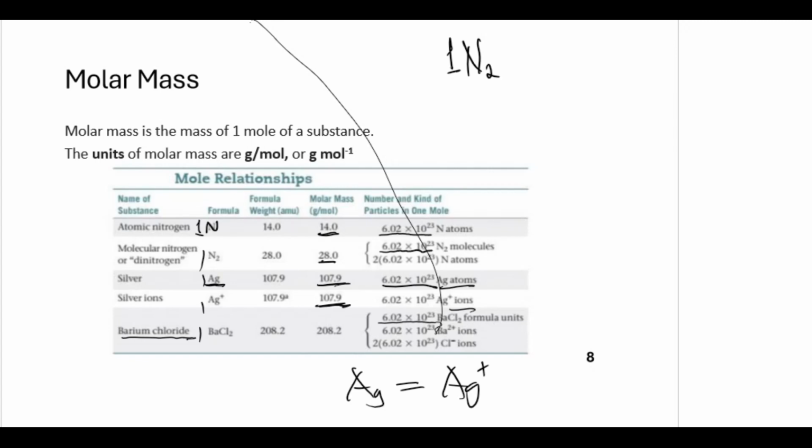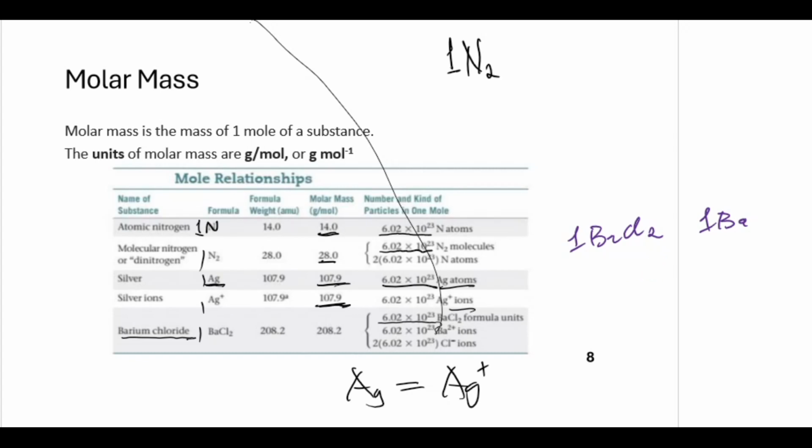And then we know that 1 mole of barium chloride has 6.02 times 10 to the power of 23 barium chloride units. If you keep counting them, 1, 2, 3, 4, this amount you will see. But 1 barium chloride like this has 1 barium, right? There's 1 barium in 1 barium chloride, and there are 2 chlorine atoms in 1 barium chloride as well.